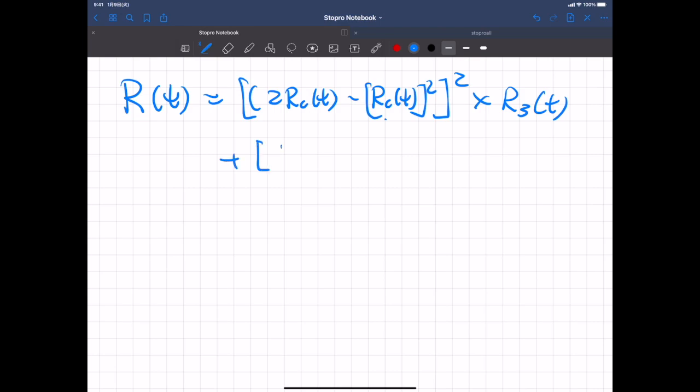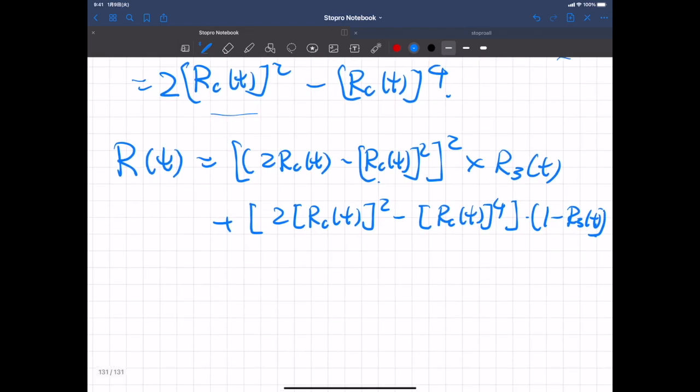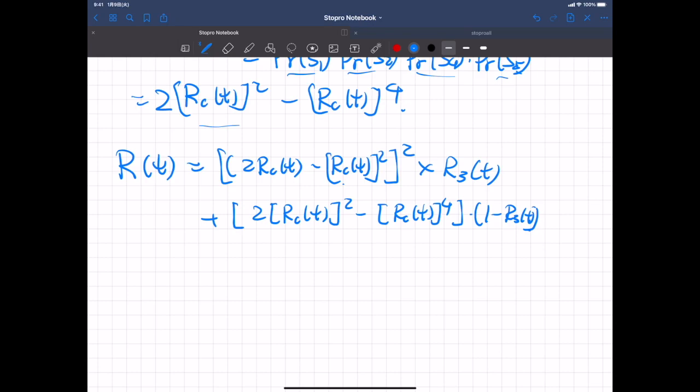And the other part is 2RC, this one, squared minus RC to the power of 4, times 1 minus R3. So this should be the final result. Anyway, apparently it's not an automatic process. It's not just a simple application of some formula. You have to build the reliability function on a case-by-case basis.